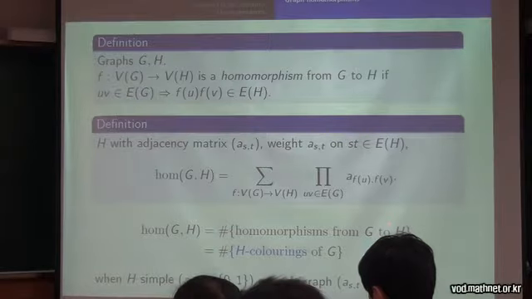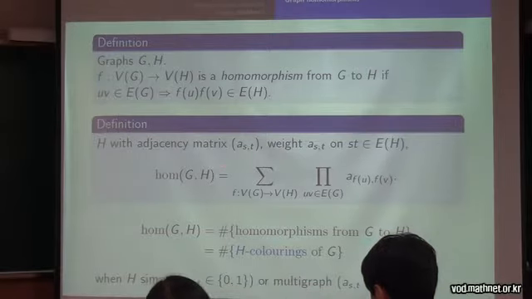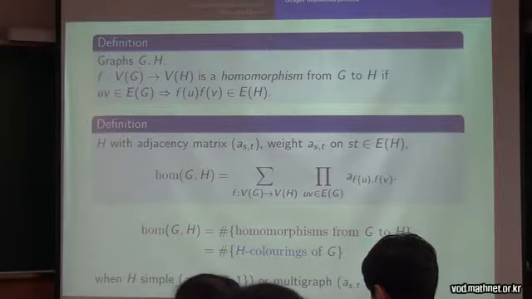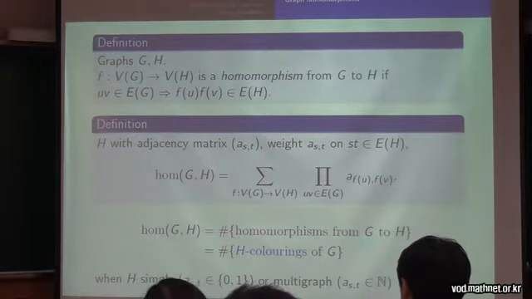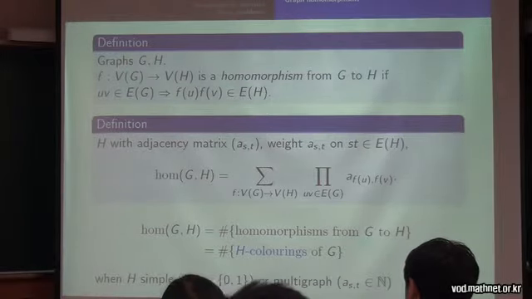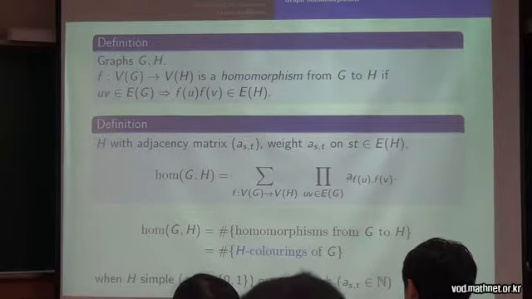So I'm interested in counting the number of homomorphisms from a graph G to H, where sometimes we look at graphs where the edges have some weights on. So there's a formal definition here. But for most of the talk, we'll be looking at simple graphs. So we're just counting ordinary homomorphisms.